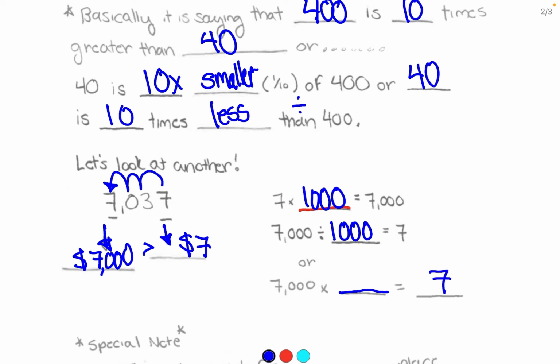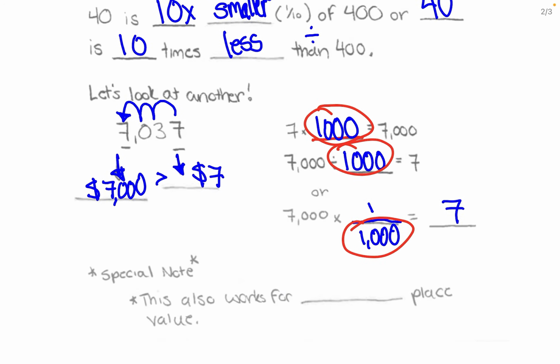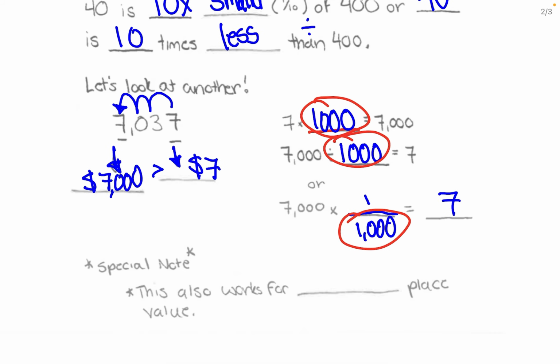Well, if I multiply by 1,000 or I divide it by 1,000, that means I'll be multiplying by 1/1000th. So once we found our first pattern number, we've kind of found everything. Now this was all 4th grade-ish material except for maybe the 1,000th part. But whenever we're talking about this and we're talking about money, this also is going to work for our decimal place values, which we will focus on page 2.